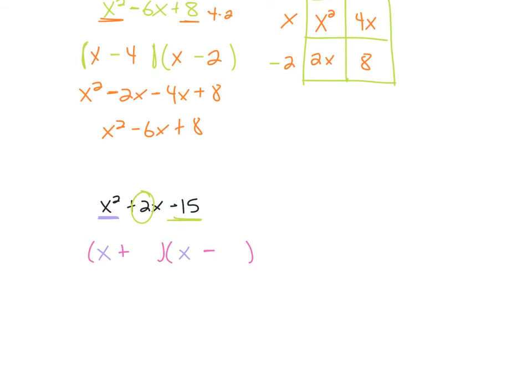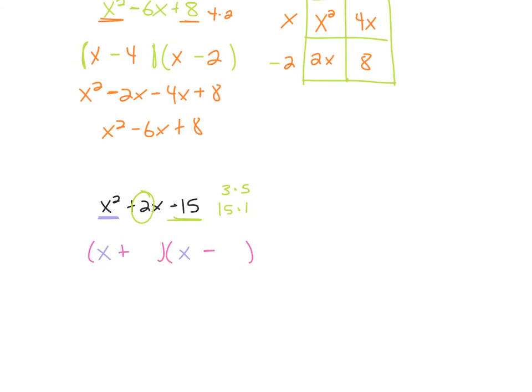Well, for 15, we'd only have 3 times 5 and 15 times 1. All right, well, obviously the only set of those I could combine in any way to get 2 is 3 and 5. Now 3 plus 5 is 8, but 5 minus 3 is 2.